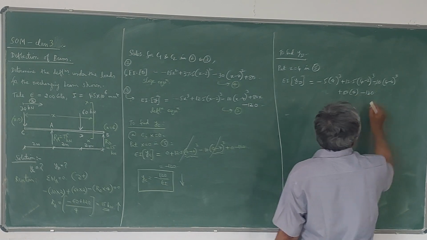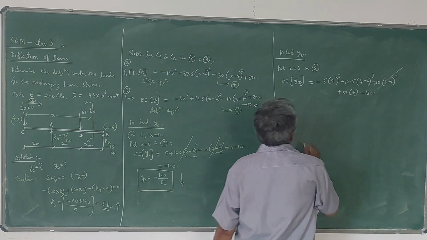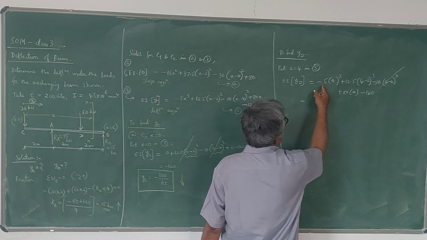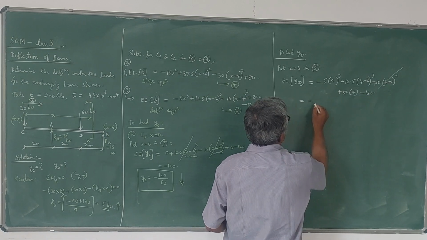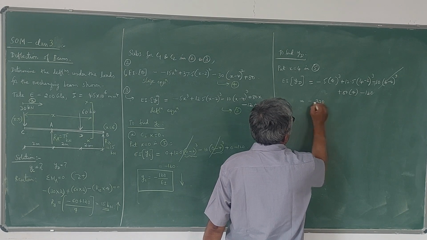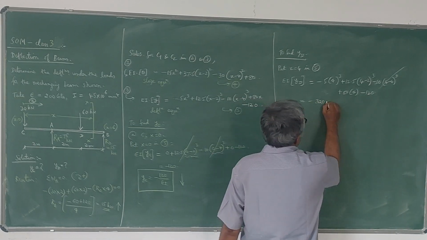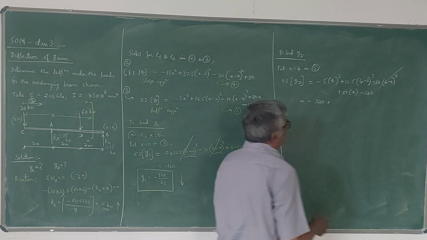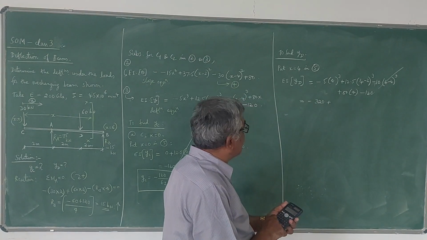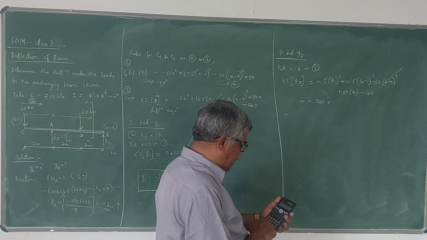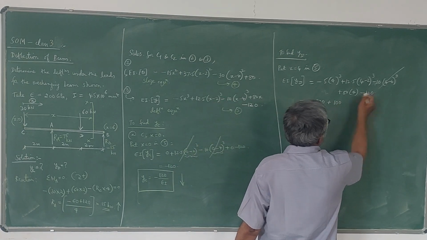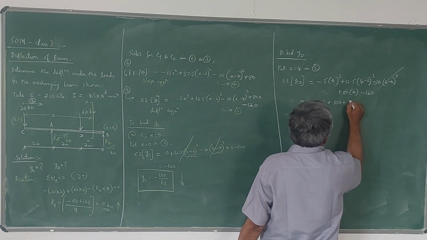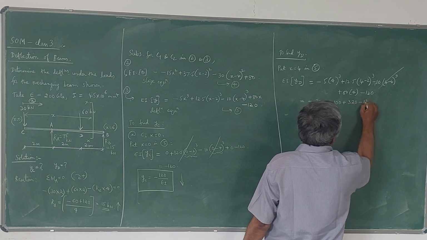Now here you can see this term vanishes. So you will be getting minus 5 into 4 cube, 4 cube is 64, 64 into 5 is 320. Then plus, this is 2 cube, so 4 minus 2 is 2, 2 cube is 8, 8 into 12.5 is 100. So plus 100, this is 0, plus 320 minus 120.